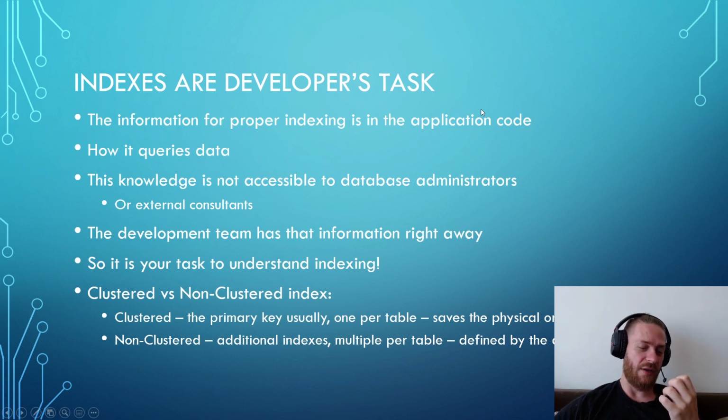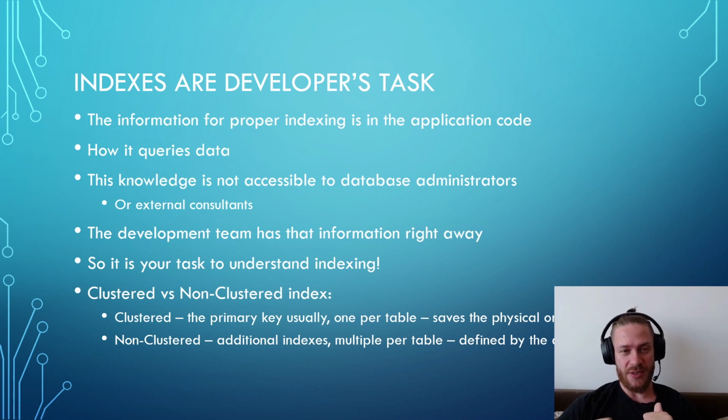But actually, from indexing point of view, that's not the case, because usually how the data is queried is in the application code. External database admins or external consultants cannot see all that knowledge.